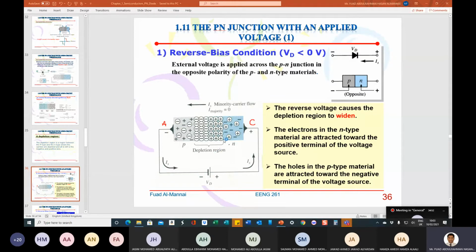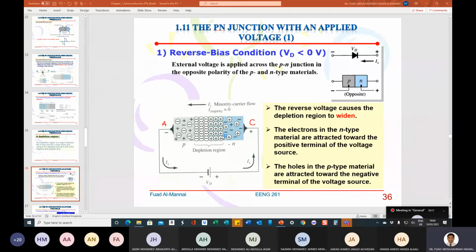What exactly did we do in this case? We made the depletion region wider. So the resistance of the depletion region increased dramatically, maybe to almost infinity, which means your diode is completely open circuit.